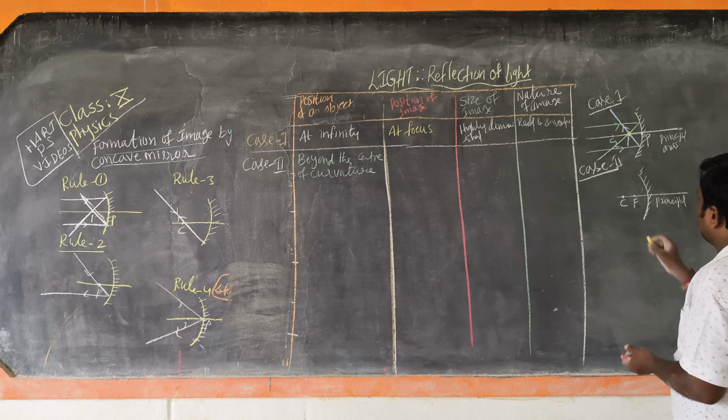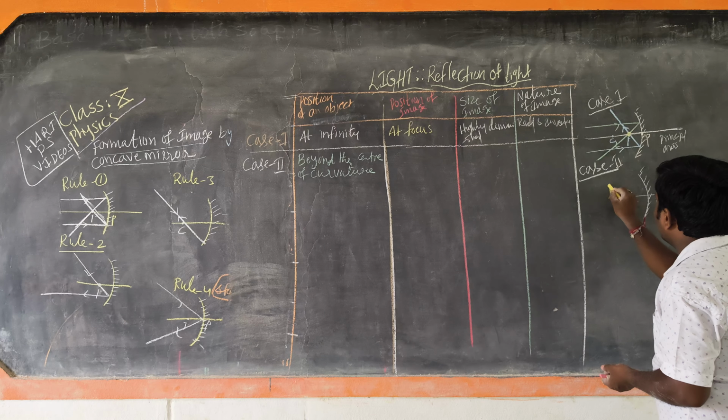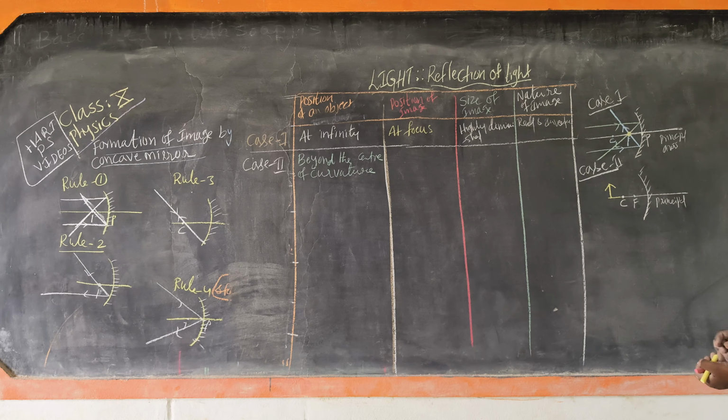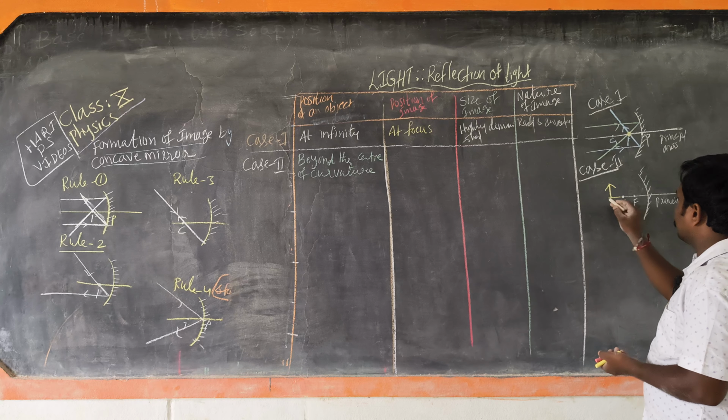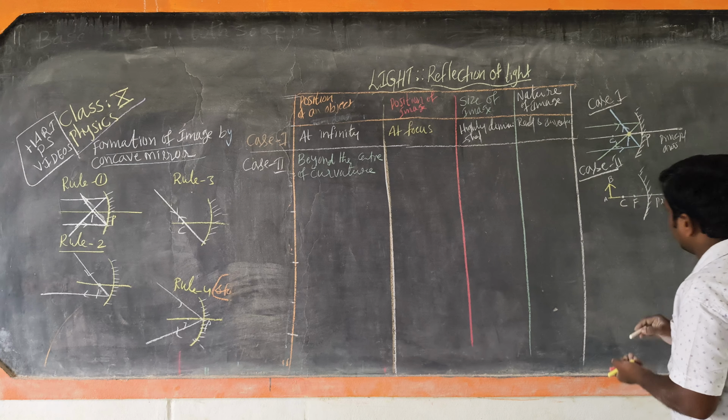The object is placed behind the center of curvature. Object AB.